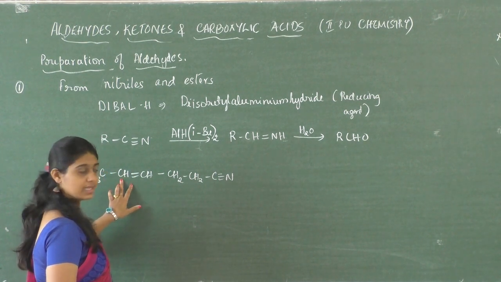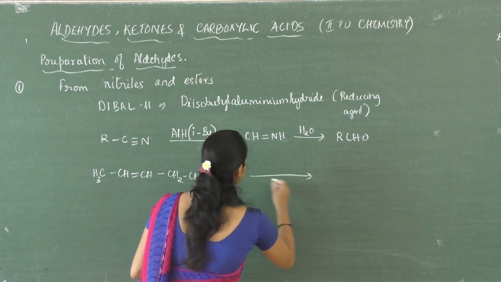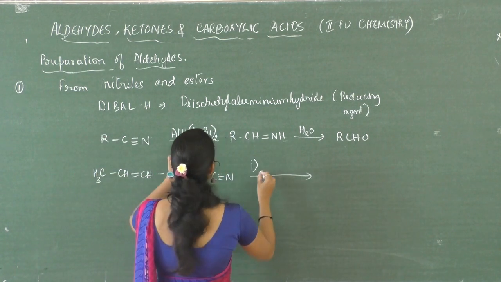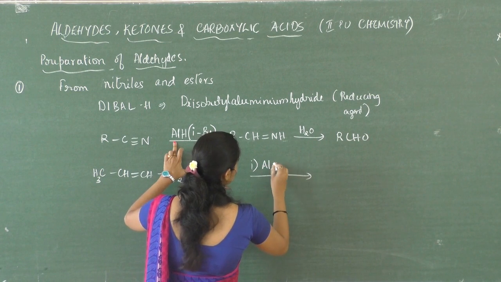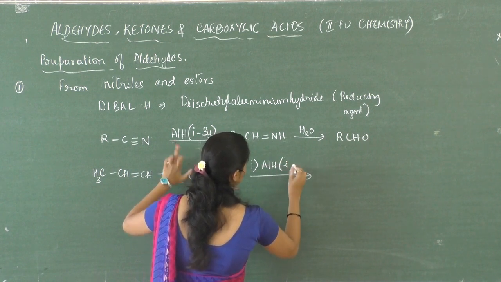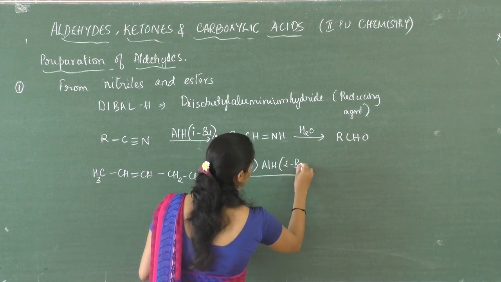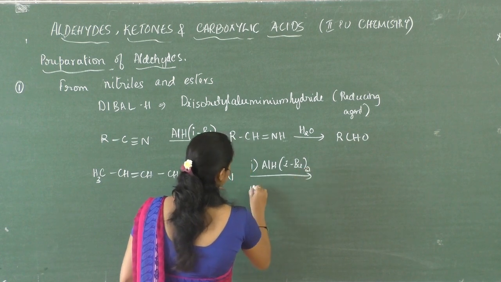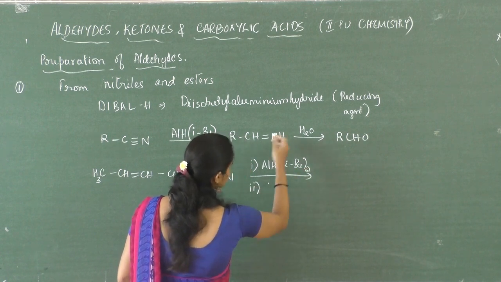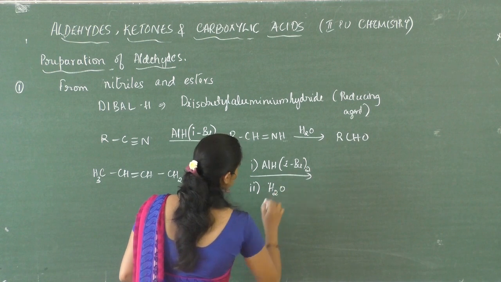So this will remain as such, so in the presence of di-isobutyl aluminium hydride, butyl twice. Next, hydrolysis. So the same reaction can be written like this, in two steps.